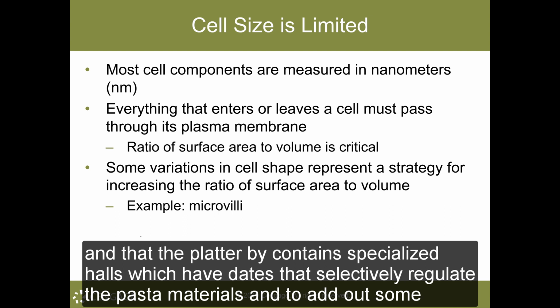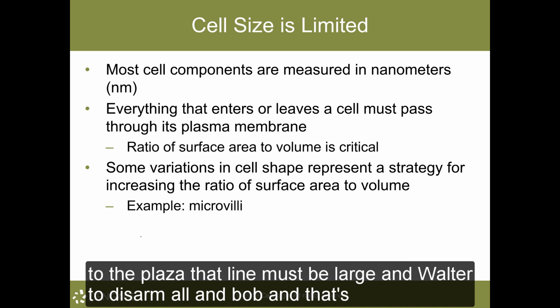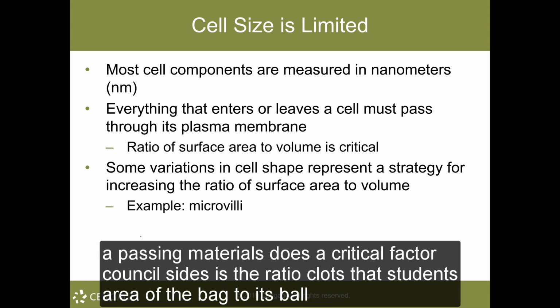So the plasma membrane contains specialized pumps or channels with gates that selectively regulate the passage of materials into and out of the cell. So the plasma membrane must be large enough relative to the cell volume to keep up with the demands for the passage of materials.